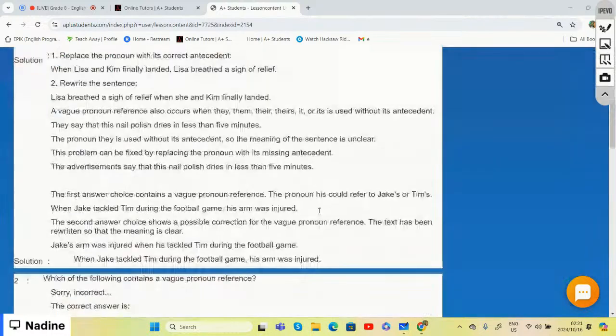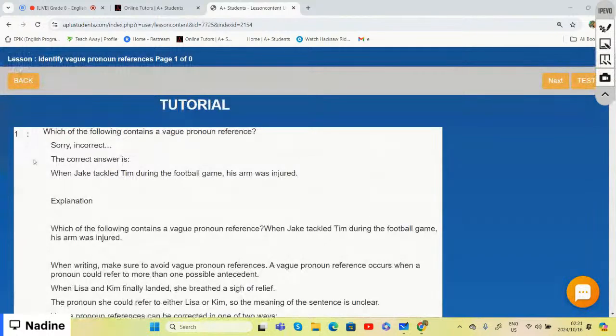All right. If we look at an example, or let's say an activity, it says we need to say which of the following contains a vague pronoun reference. Here it says when Jake tackled Tim during the football game, his arm was injured. Just look at the sentence.